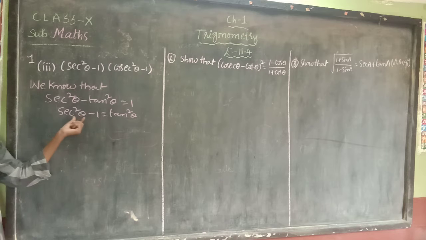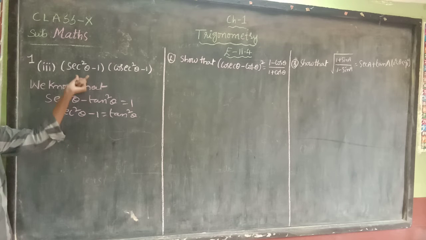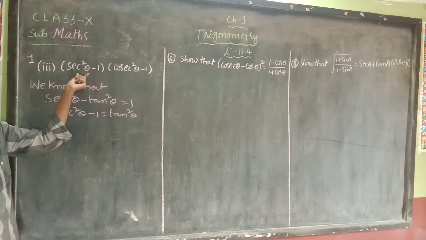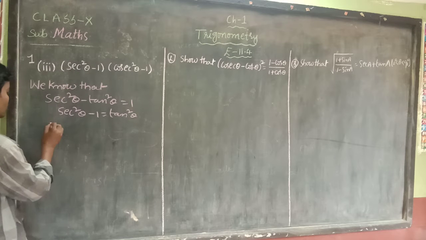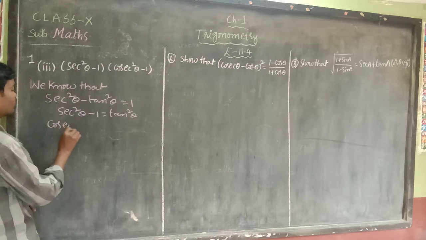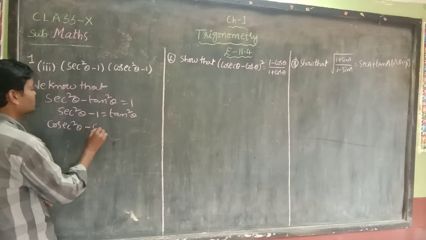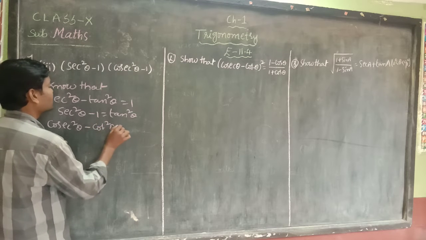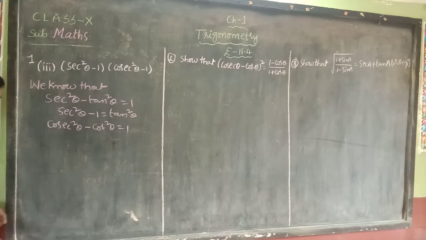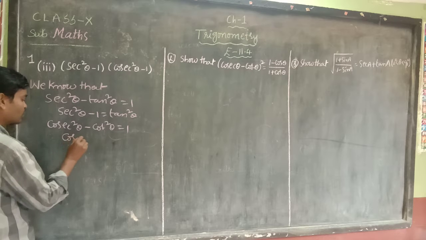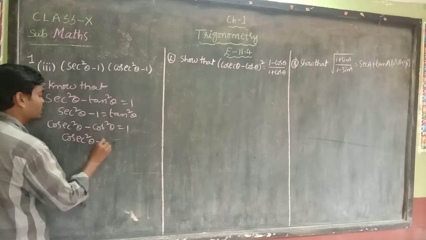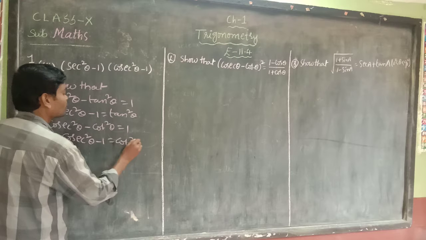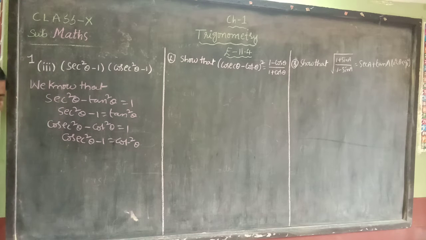So instead of sec square theta minus 1, we substitute tan square theta. And also cosec square theta minus cot square theta is equal to 1. With this, cosec square theta minus 1 is equal to cot square theta.